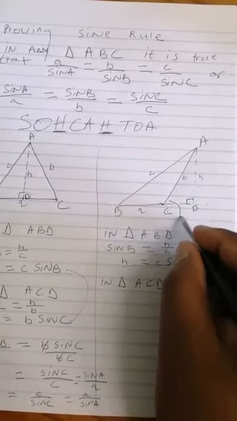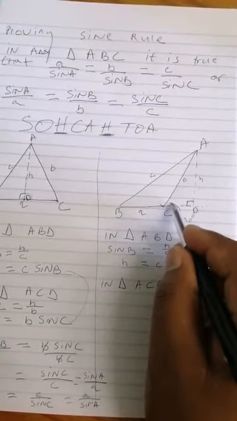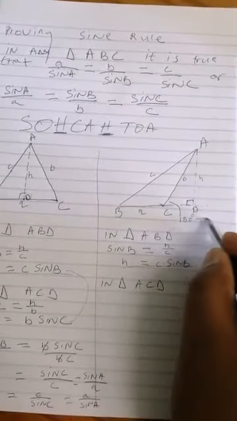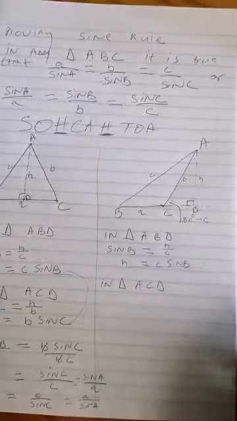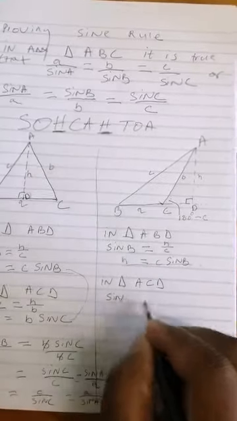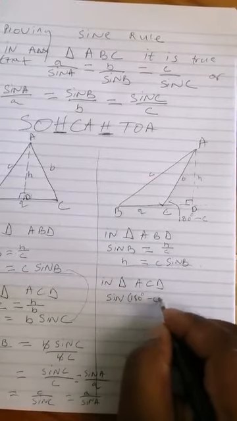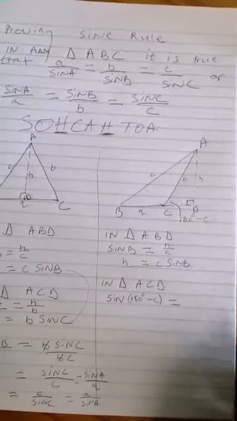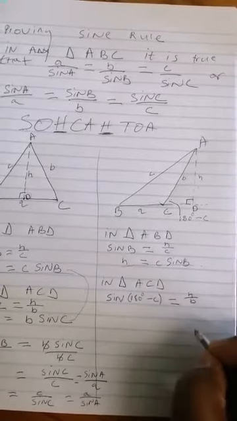Remember, a straight line is 180 degrees, but I'm looking for this angle. So it is 180 degrees minus C. So if I'm looking for sine of 180 degrees minus C, this will be equal to the opposite over hypotenuse, which is my height over b, okay?